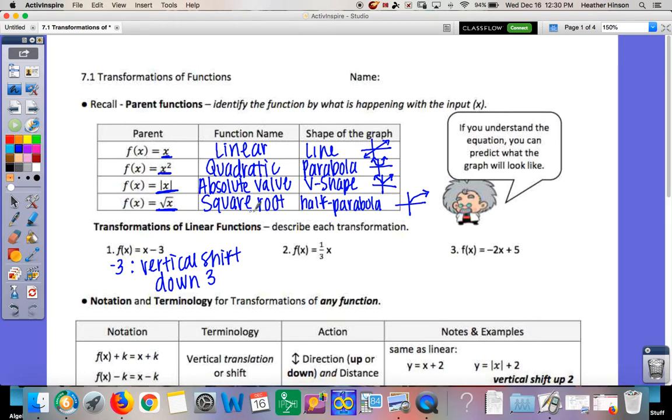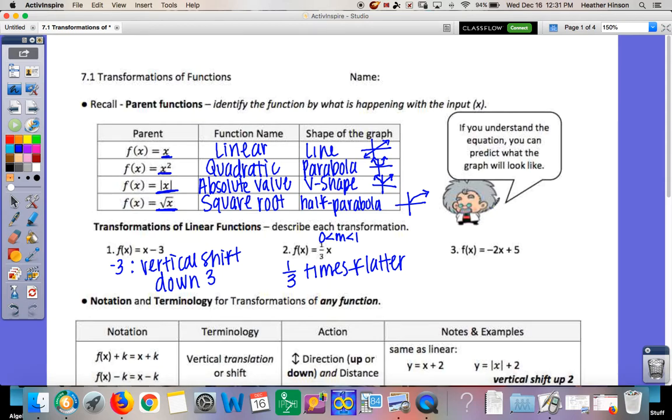Okay, then what about the 1/3? What does a 1/3 tell us? It's between 0 and 1. Your slope is between 0 and 1. So that's going to be 1/3 times flatter. If it was greater than 1, it would be steeper, but because it's between 0 and 1, it's flatter.